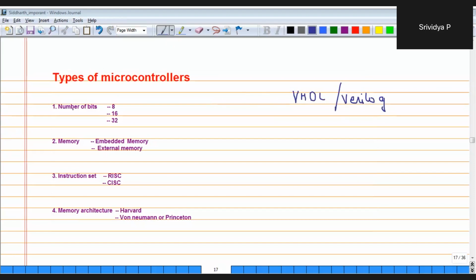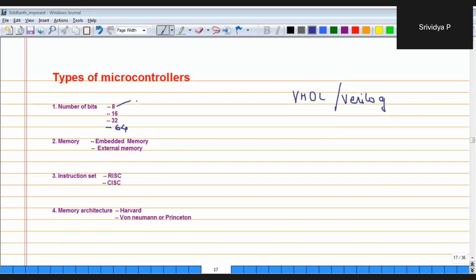Moving on to the types, the first type is number of bits. The first type under this is 8-bit, the next one 16-bit, 32-bit. Apart from this, we can also have 64-bit microcontrollers. When we say 8-bit microcontrollers, the internal bus for data transfer in the MCU will be an 8-bit bus, and the ALU performs the arithmetic and logical operations on a byte at an instruction.